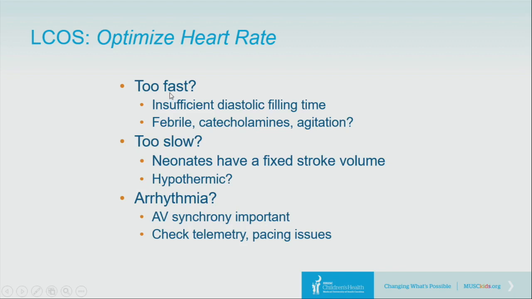Other patients, particularly neonates who are recovering from cardiac surgery, keep in mind that neonates have a relatively fixed stroke volume, and thus one good way to increase their cardiac output is by providing temporary atrial pacing to increase the heart rate. Obviously, if there's an arrhythmia and you have a lack of AV synchrony, that's going to compromise your cardiac output, and that needs to be evaluated and treated.